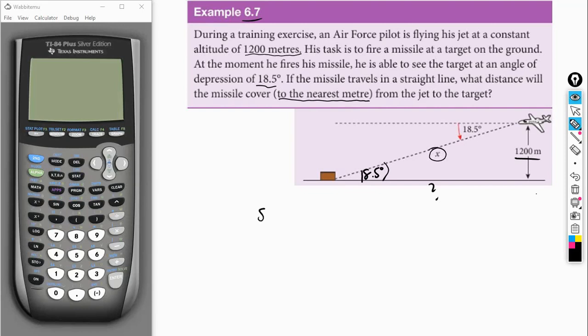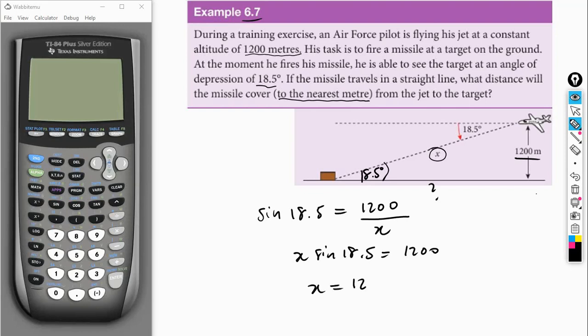So sine of 18.5 is going to equal opposite, so 1,200, over the hypotenuse, which in this case we represent with the letter x. And then all we have to do is send x to multiply. So x times sine of 18.5 is equal to 1,200. Therefore, x is equal to 1,200 divided by the sine of 18.5.